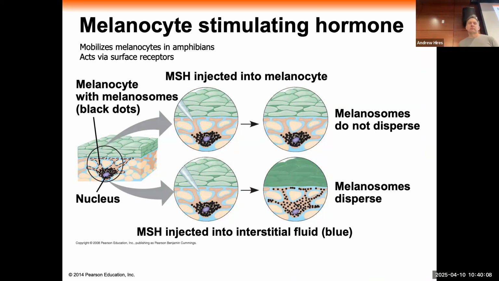It doesn't matter what your skin color really is, you have the same number of melanocytes. However, the activity of those melanocytes can vary based on the level of melanocyte stimulating hormone in your blood, and that will impact how many of these granules are produced by each melanocyte and how dark your skin is.